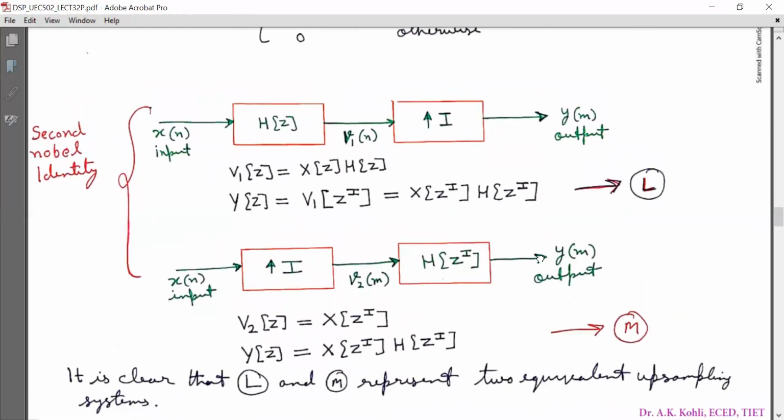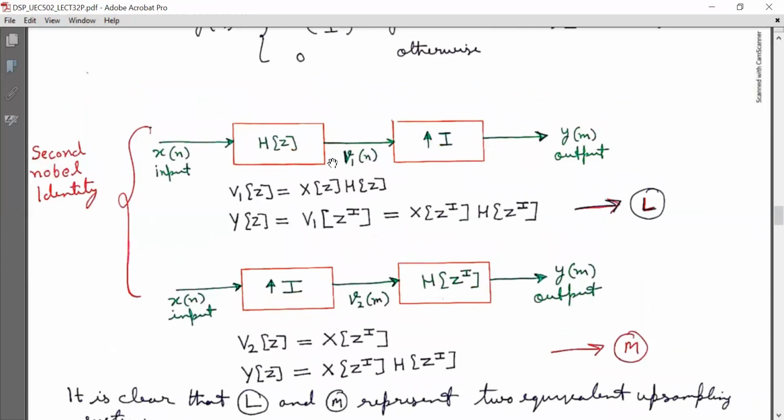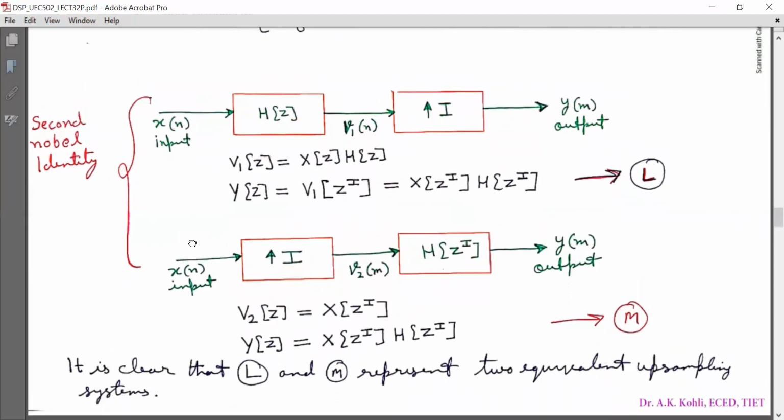So this means I can swap the position of the blocks, provided that I make a modification in the low pass filter as shown in these two block diagrams. So this is called the second noble identity related to the upsampling or interpolation systems. It is clear that L and M represent two equivalent upsampling systems.